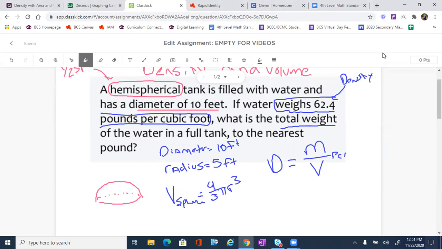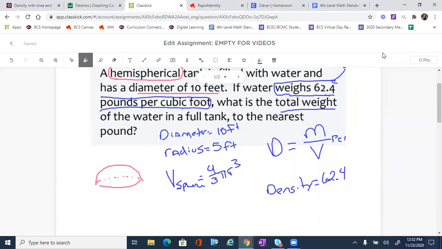And it says weighs 62.4 pounds per cubic foot. So I know that the density is equal to 62.4.